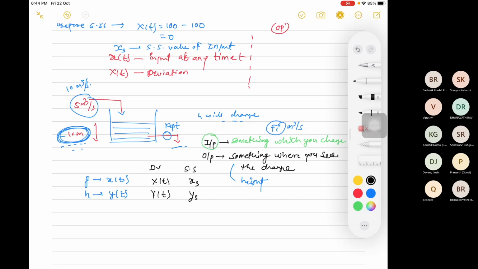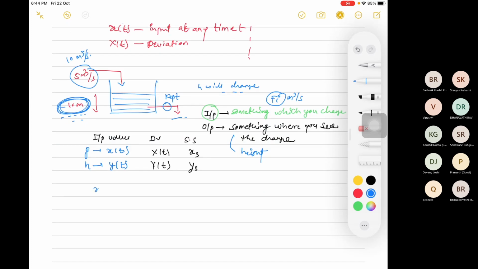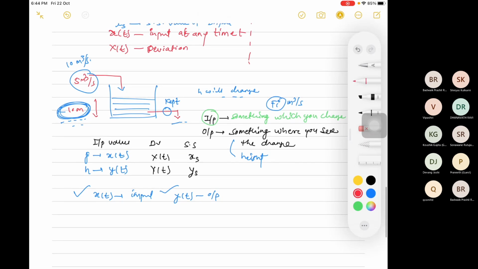Okay, and this is what input values. So from now onwards, you keep this in mind, that small x of t is my input, small y of t is output. Okay, so this will be my notations, and you know what is the importance of deviation variables. From now onwards, I'll directly use capital X and capital Y, because I don't want any value before disturbing the system.